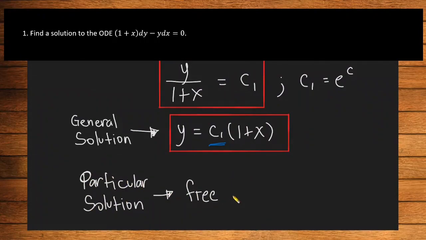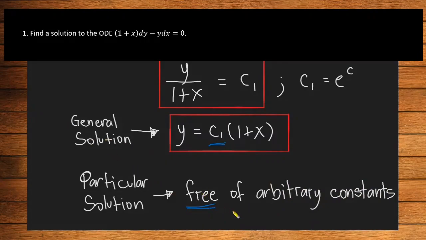So on the other hand, a solution that is free of any arbitrary constants. So kapag walang arbitrary constants, we call that a particular solution. So a particular solution can be obtained from a general solution with the help of given conditions. So in our next example, we will see what these conditions are.